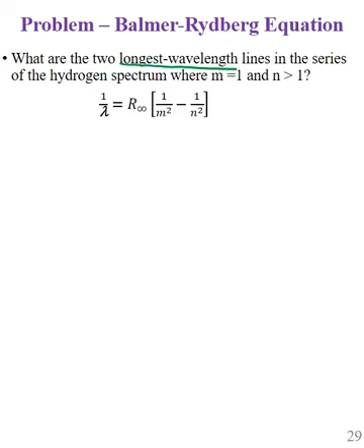Does that correspond to a large energy or a low energy? A long wavelength corresponds to a low energy. So you only want to drop down very little between the different energy levels.